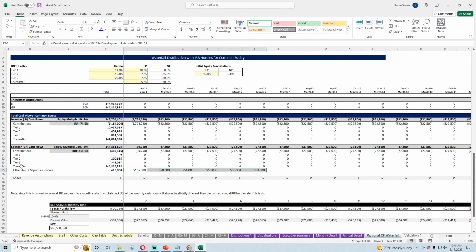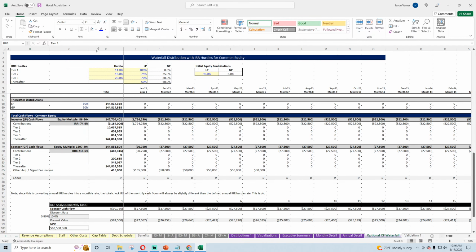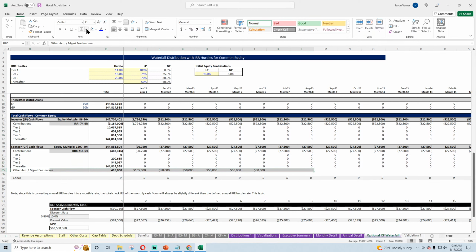The deal has to cover that cost. Let's get our lines in here. Left border and, oh, I'm all messed up. This is this one. And this is bottom thick. All right.